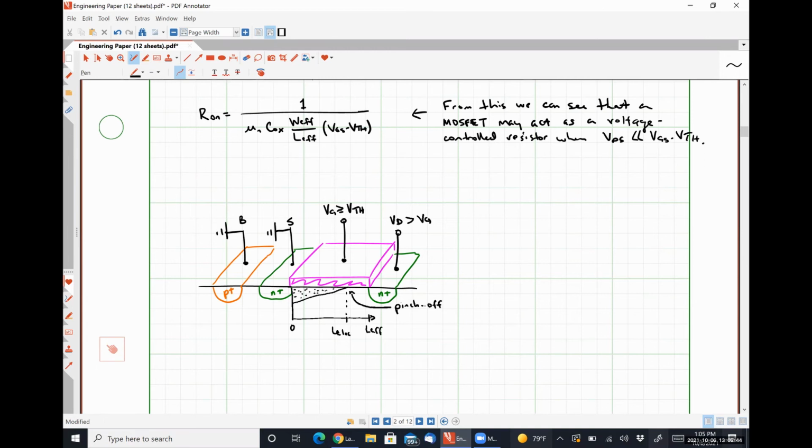So effectively what's happening is that the charge density is dropping to 0 for some length X less than L effective, right? And that's occurring because VD is at a greater potential than VG. So we shouldn't see any electrons stored near the drain because it's at an even higher potential than the gate is.